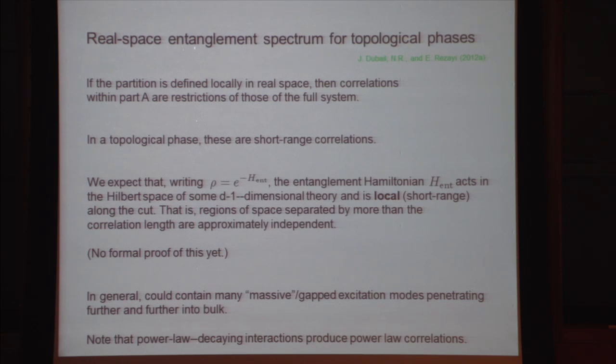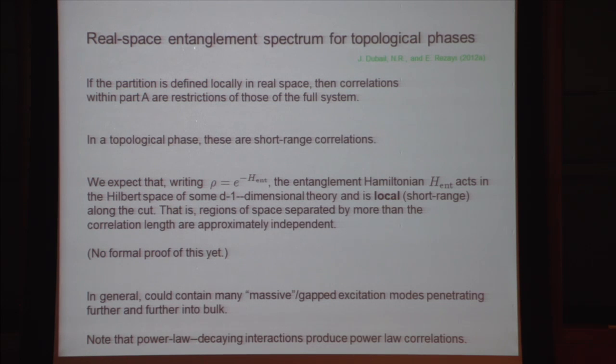If I look at the statistical weight, the probabilities associated with different regions, and I go along the cut, regions that are further apart should be statistically independent. So therefore, the probabilities should factorize as a product, which means if I write it as an exponential, it's like the exponential of a sum. In other words, it's like the exponential of a sum of local terms.